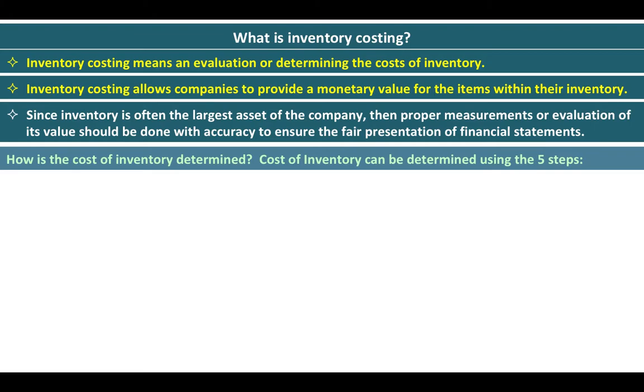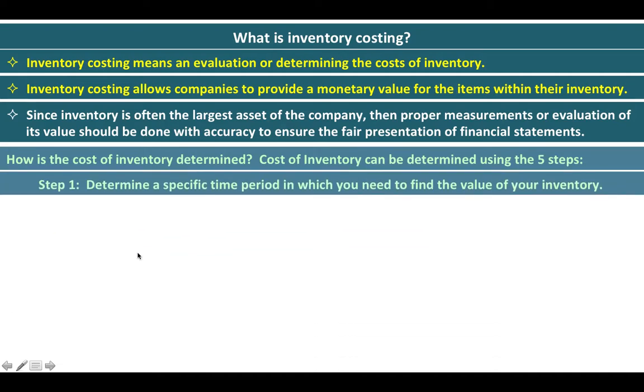So class, cost of inventory can be determined using five steps. Step 1. Determine a specific time period in which you need to find the value of your inventory. Example, every year, two times as semi-annual, or monthly. Okay, you have to determine a specific time period.